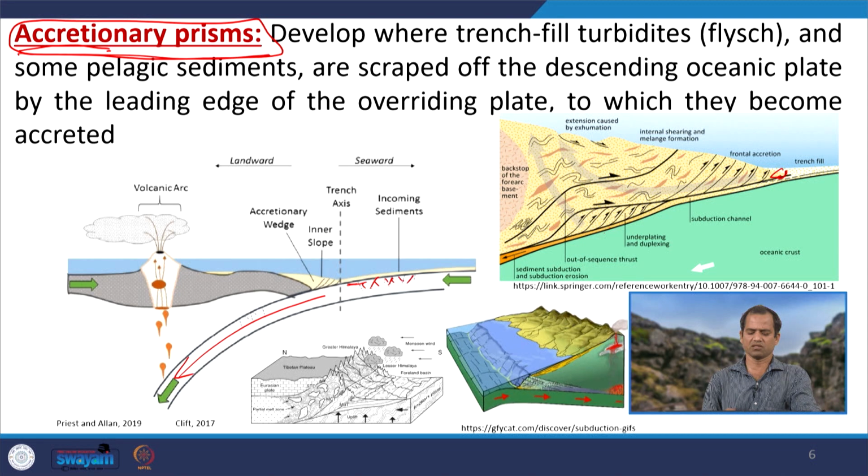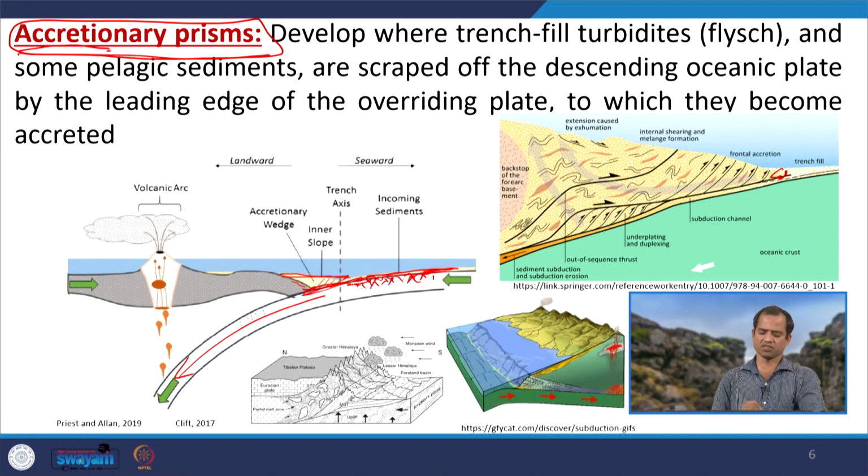This interface is very rough, and this is pillow basalt. Again this interface is very rough and we have sediment. If the sediment is sufficient, the sediment which is scraped off here forms a prism, that is called the accretionary prism.